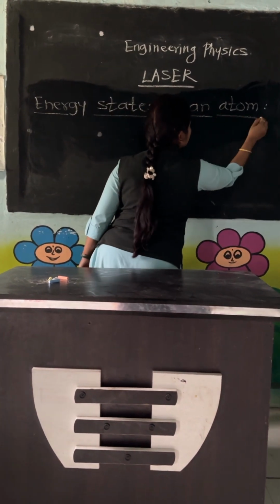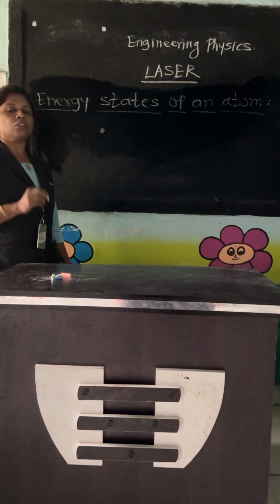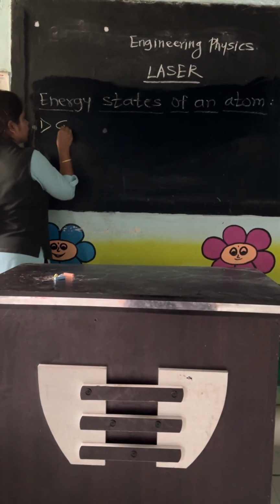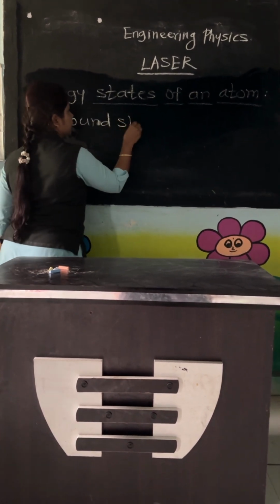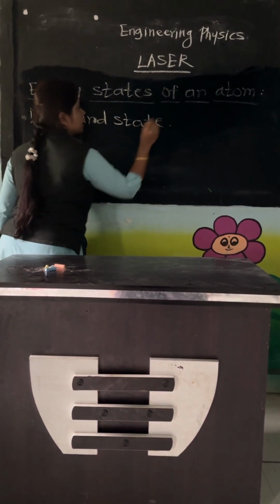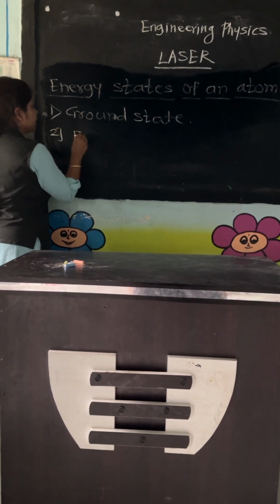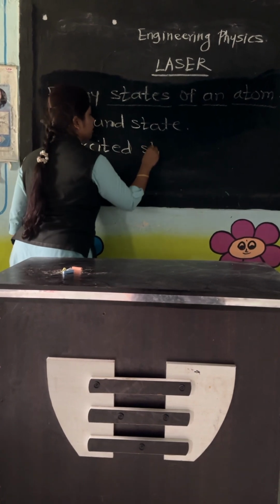Actually, there are three energy states of any atom. The first energy state is known as ground state. The second energy state is named excited state.